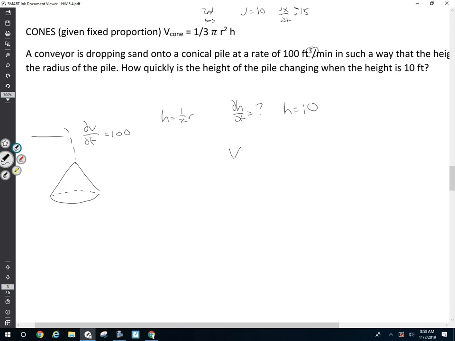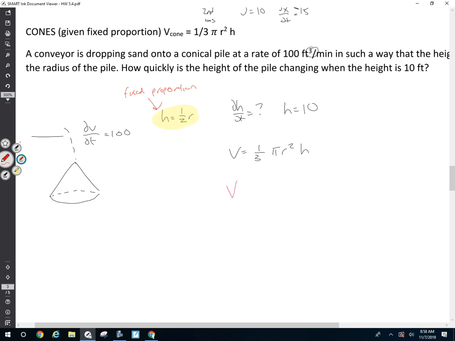I'm giving the formula for the volume of a cone, 1/3 pi r squared h. Well, here's the deal. This is not a fixed value, but it's a fixed proportion. Which means, yes, the volume of a cone is 1/3 pi r squared h, but you don't want to take the derivative of this.